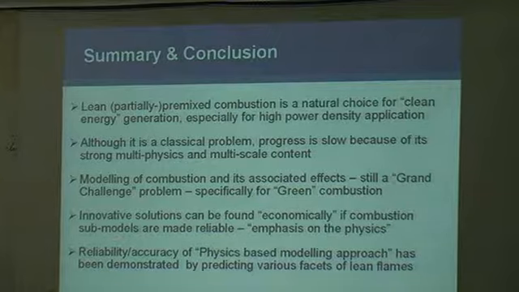By learning about the physics, that's where the DNS and laser diagnostics are very, very helpful, and we have to rely on them to understand the physical picture. So I have tried to convince you that there is reliability and accuracy in the physics-based modeling approach, demonstrated by showing these various comparisons. Okay?